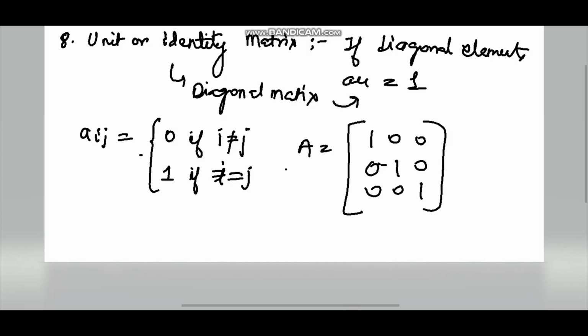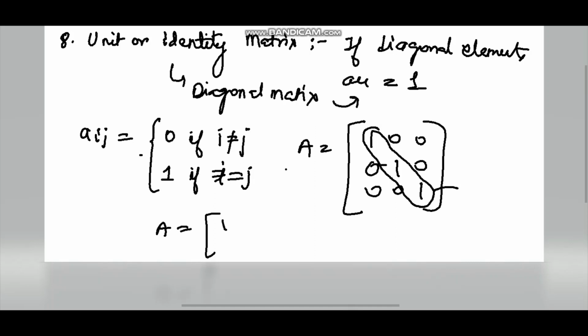It's a diagonal matrix. How do we recognize it? A given matrix is a diagonal matrix when its principal diagonal elements are non-zero and all other elements are 0. Here the principal diagonal elements are 1, hence it is called a unit or identity matrix.